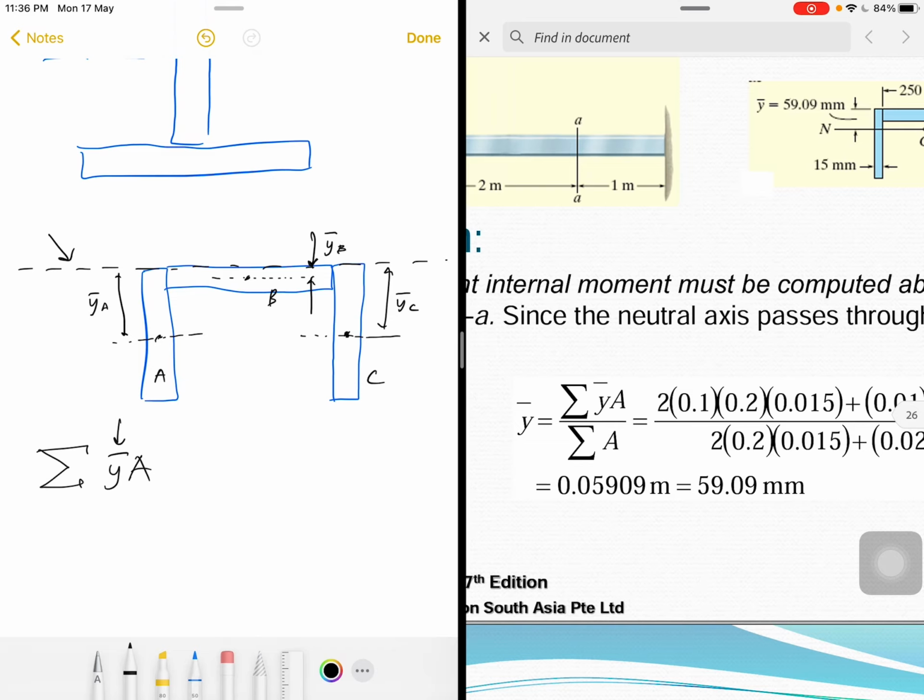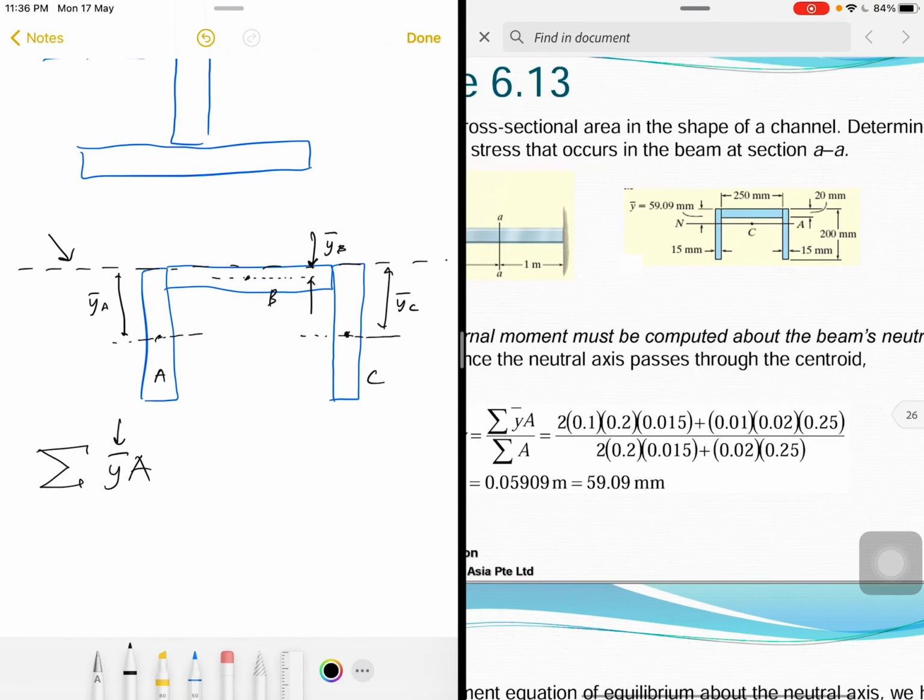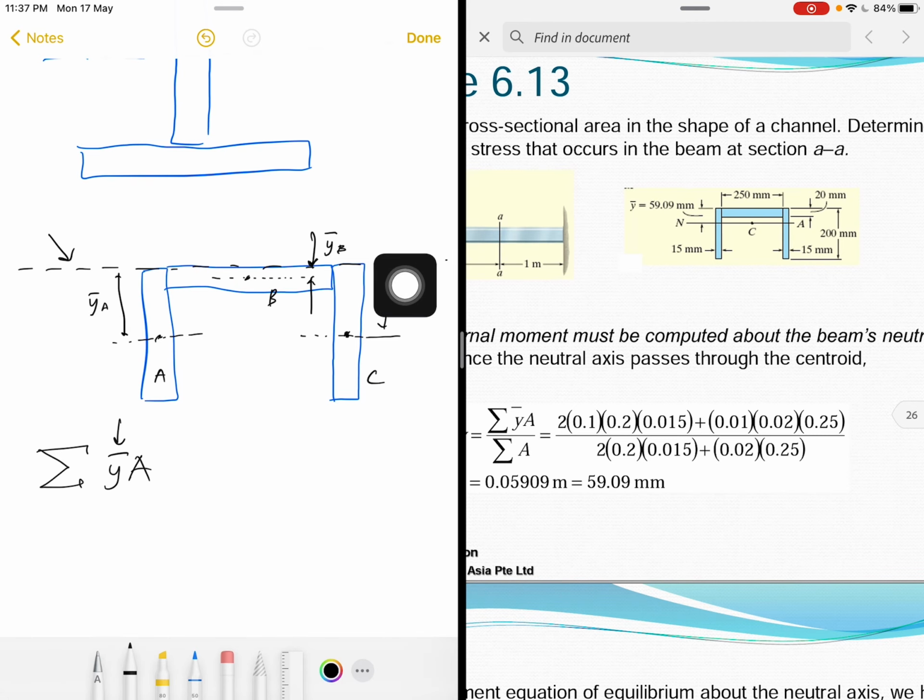So you need to calculate y prime times area and then total them all. Since A and C have similar y prime value and also similar area, we just multiply by 2 right here.